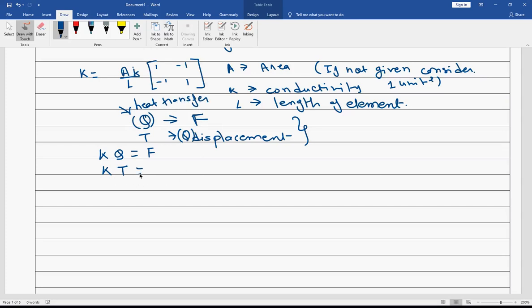So KT equal to, I write A into Q dot, where Q is equal to A into Q dot, and Q dot is heat flux. Just let me know up to this it is clear.